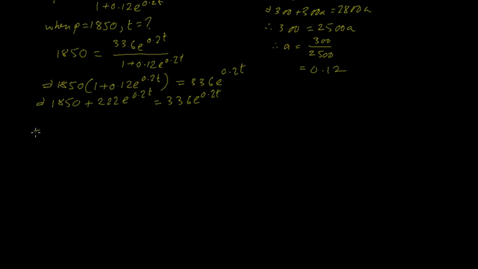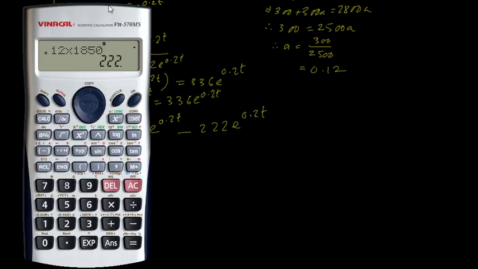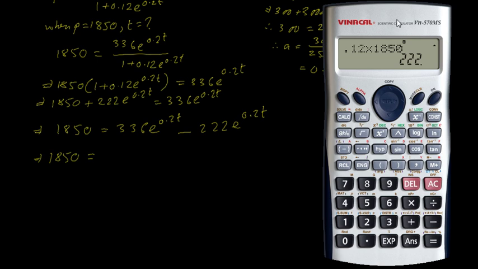So if you write 1850 equals 336 e to the power 0.2t minus 222 e to the power 0.2t, then it's going to be 1850 equals 336 minus 222, that would be 114.